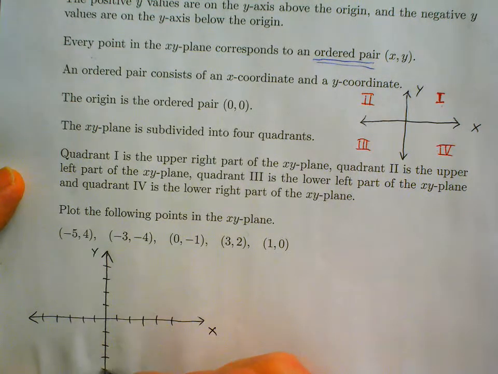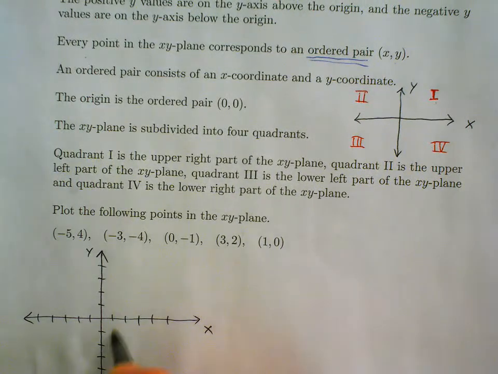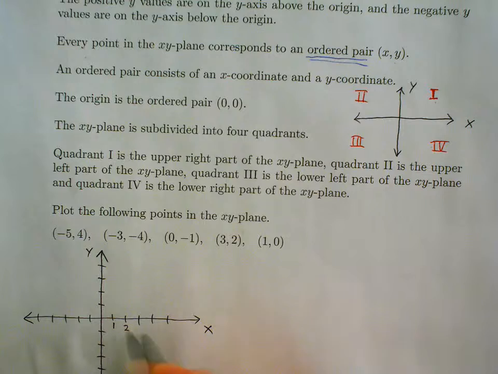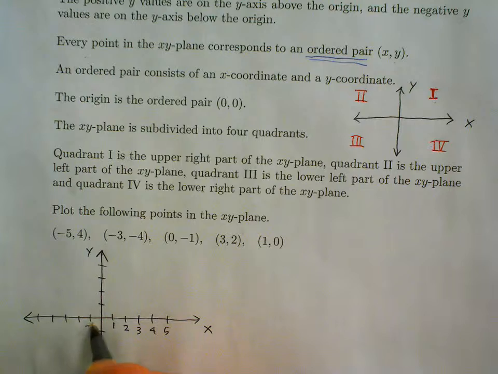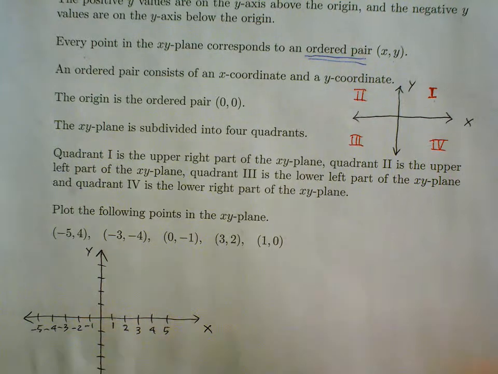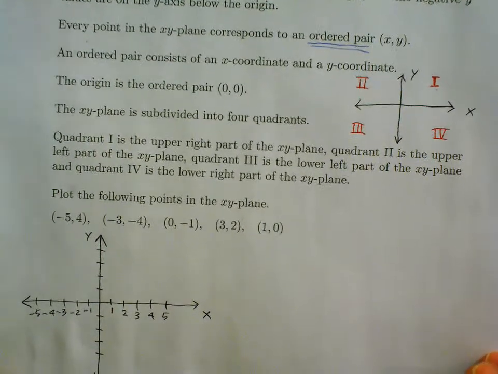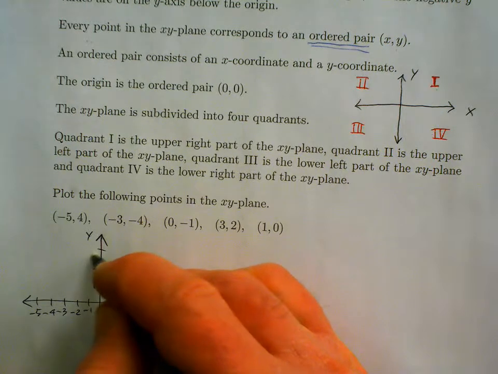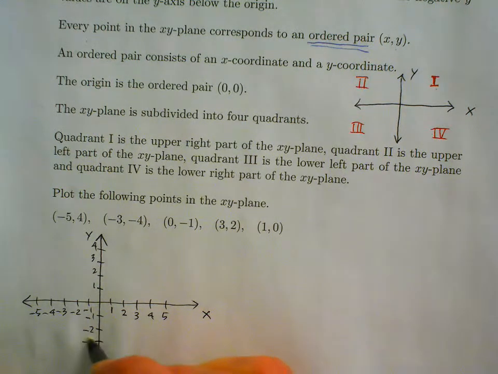The marks that I'm making represent integers. So the positive x values, 1, 2, 3, 4, and 5, and so on. -1, -2, -3, -4, -5. Positive y values, 1, 2, 3, 4. Negative y values are -1, -2, -3, -4.